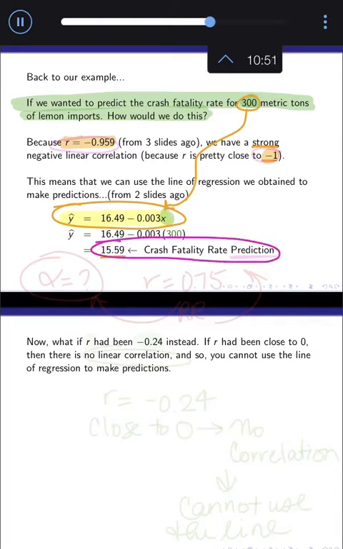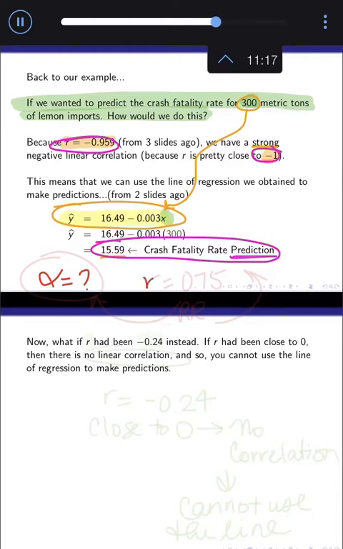Is that a for sure answer? No, it's just a prediction. And we were only okay using the line to make a prediction because of the R being so strong and so close to -1. Sometimes they will actually even give us an alpha to look at to determine if the correlation is good enough.